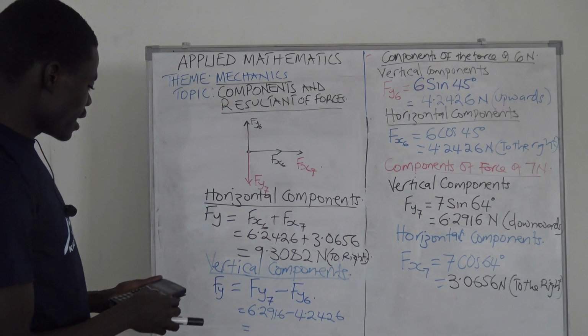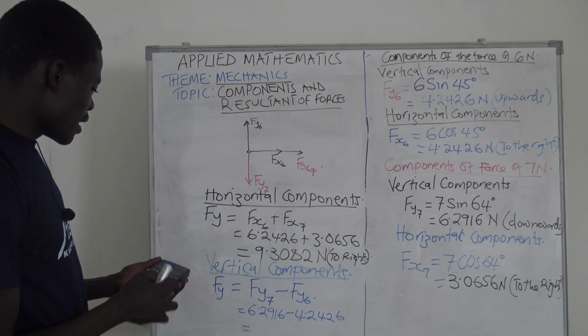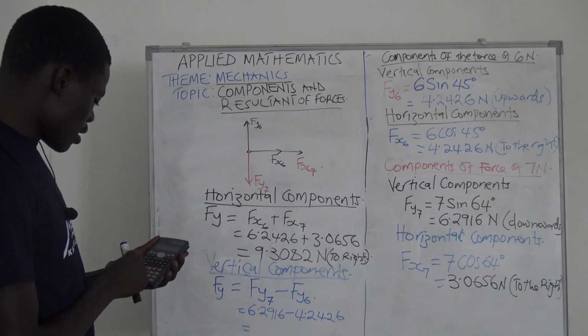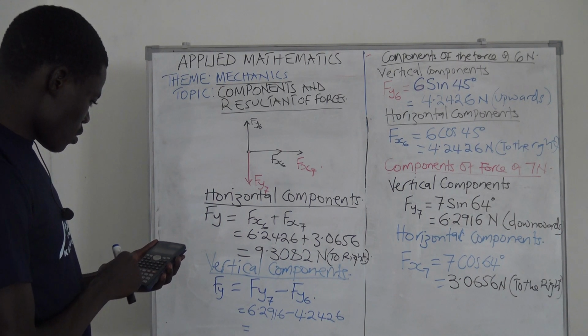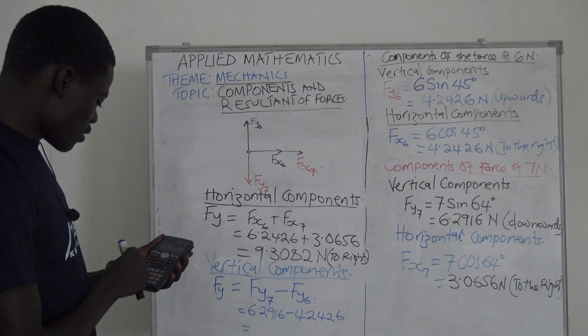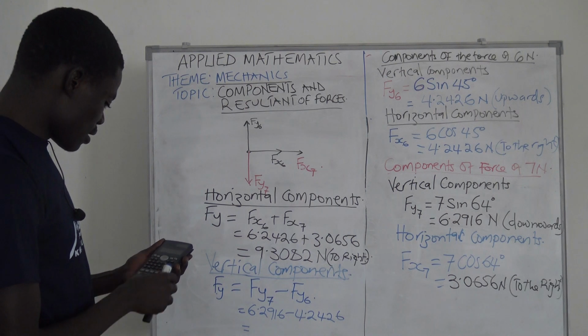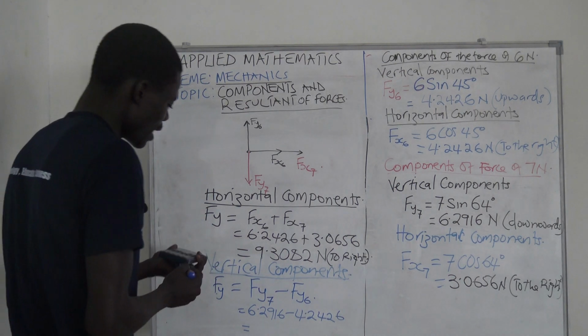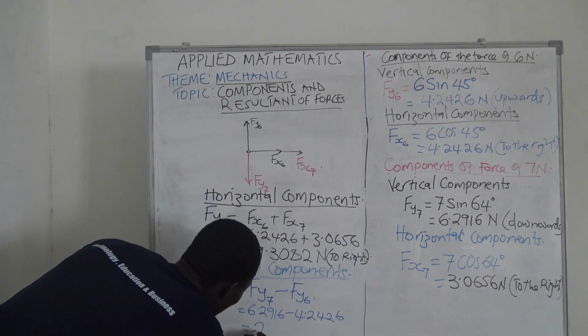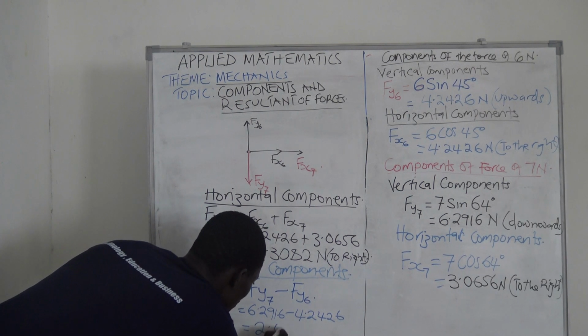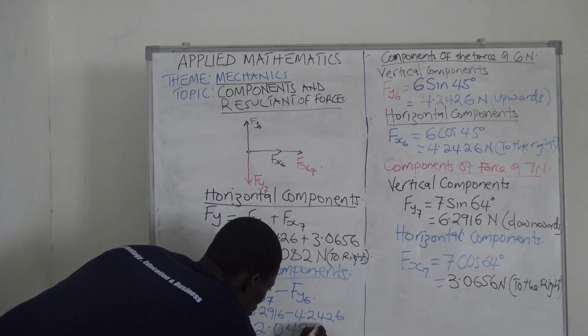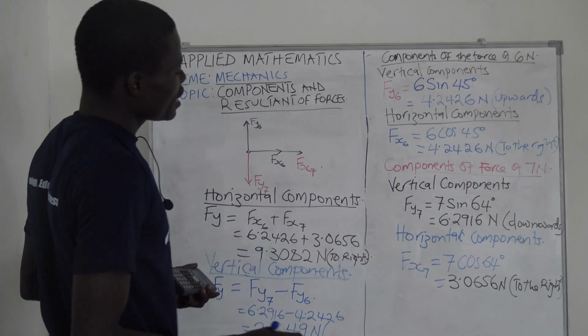You use the calculator if you can't get it. Let us see, 6.2916 minus 4.2426. The answer you are getting is 2.049 Newton.